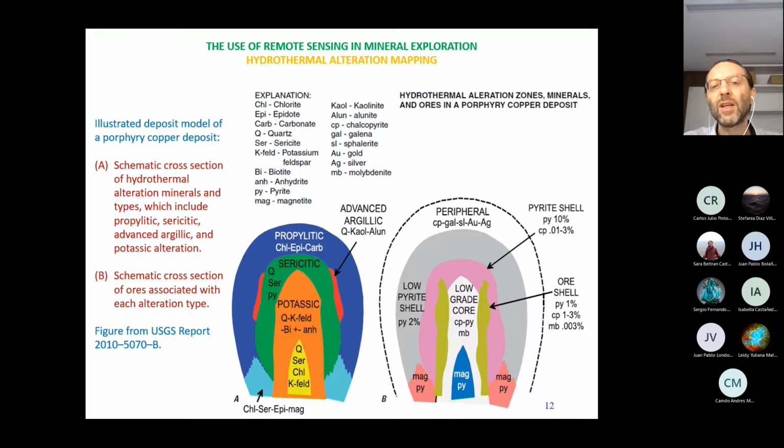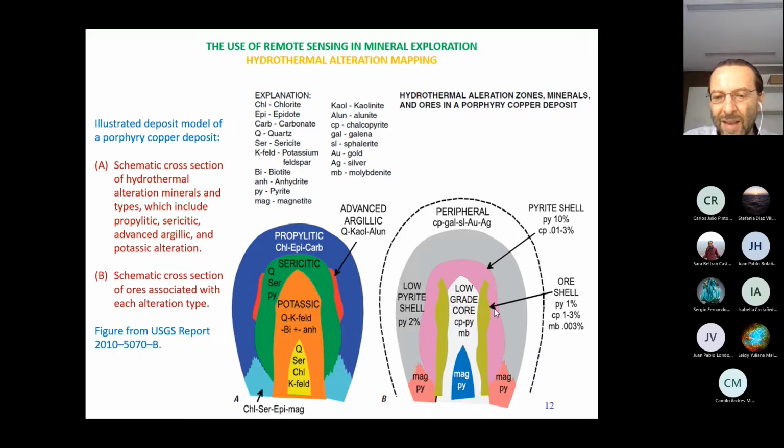So a lot of potassium feldspar is formed here, mineralogically speaking. You see K-feldspar here. The potassic zone is very important because the higher grade ore, so basically the higher concentration of metals, and these metals can be gold, can be copper, can be molybdenum, are associated with this potassic zone.